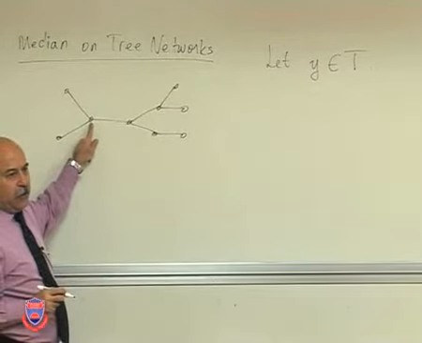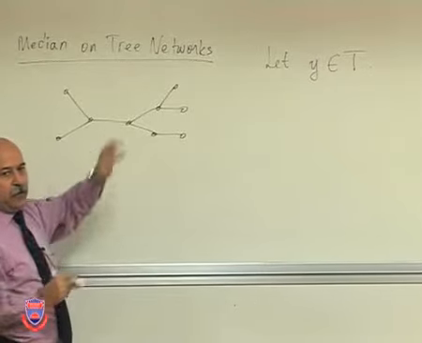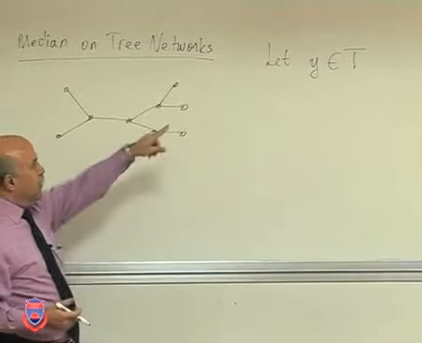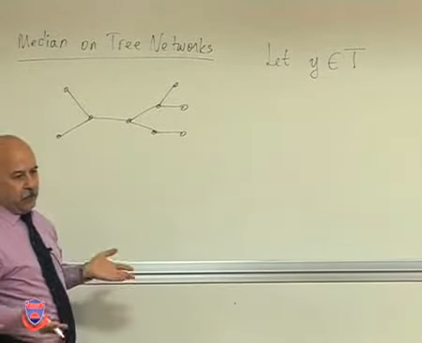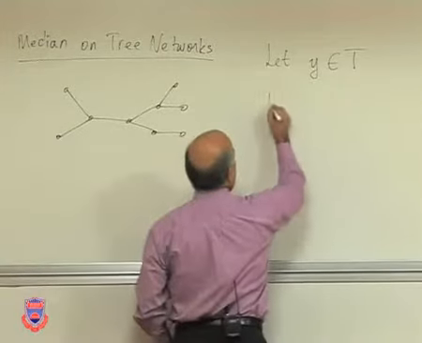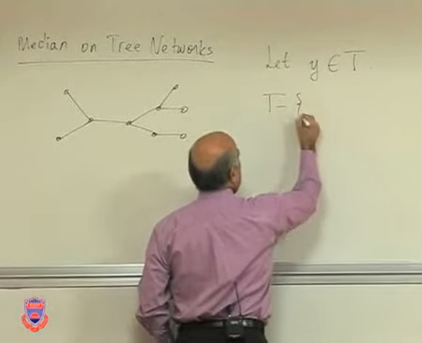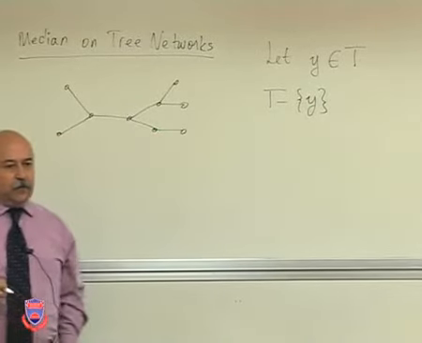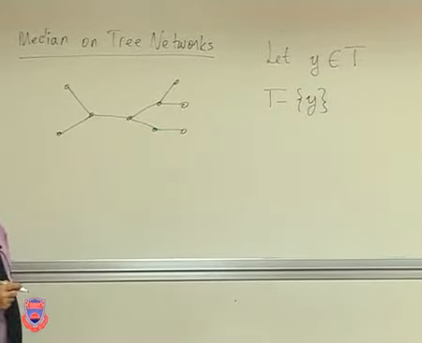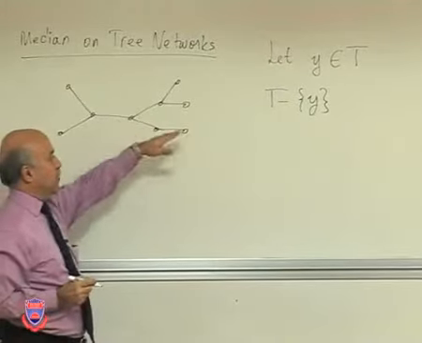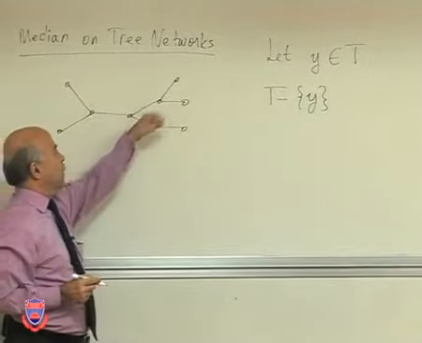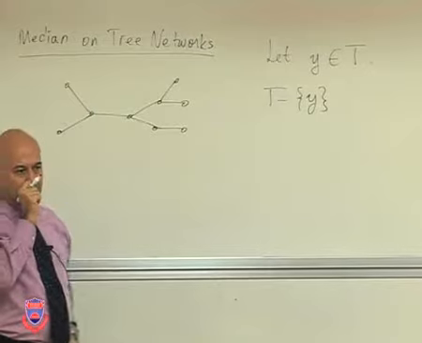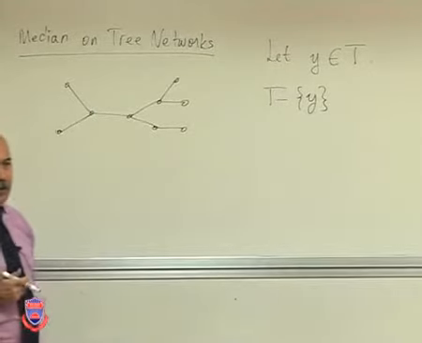What I'm going to do is look at disjoint subtrees when you delete y from the tree. So we're going to look at the subtrees that would result from the deletion of y from the point set T. We're viewing T as an embedded tree network. Okay, it's a point set.